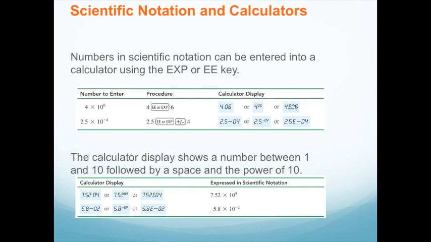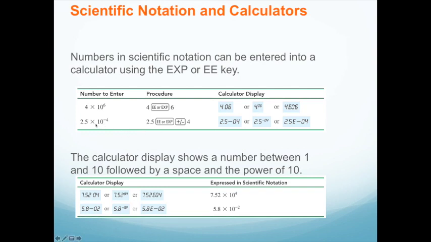If you want to put scientific notation into a calculator, you can do so. Oftentimes there is an EXP or EE key. So if you want to put in 4 times 10 to the 6th power, for instance, you would type 4 E or exp 6, and the calculator would show most likely one of these 3 displays to indicate the number that you just entered.